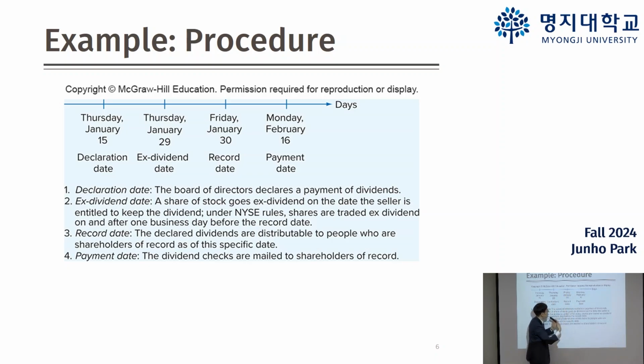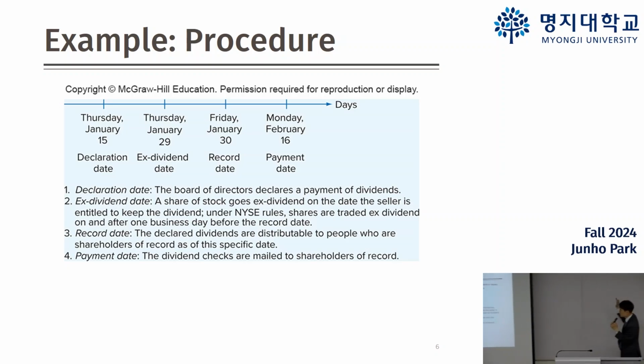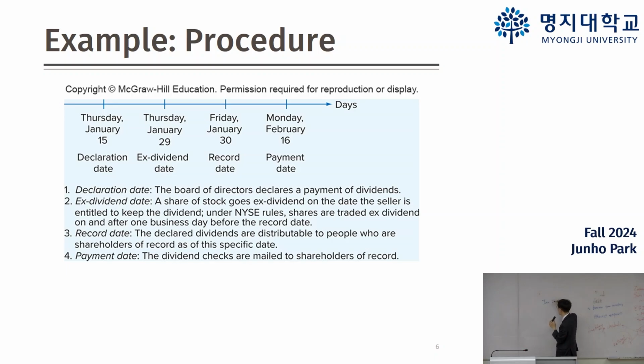So there should be some investors who purchase the shares before January 30, or some shareholders who purchase after January 30. If you purchase the shares before January 30, maybe on January 29, then by buying the shares, you get not only the share, but also the right to get the dividend.